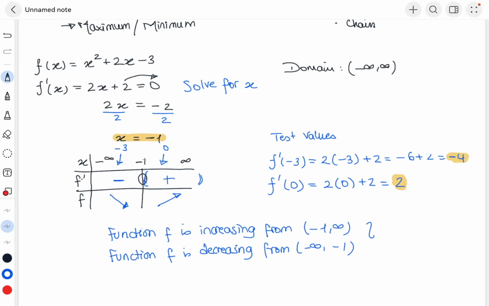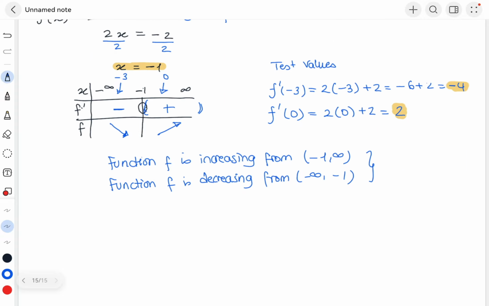Now, the first derivative test helped us see when the function is increasing or decreasing. We need to find now if we have a maximum or minimum. As we can see, our function decreased first and then increased, which leaves us with a minimum. Whenever our function decreases and then increases, we'll be left with a minimum.